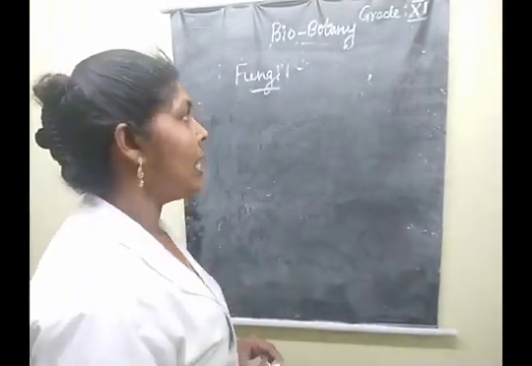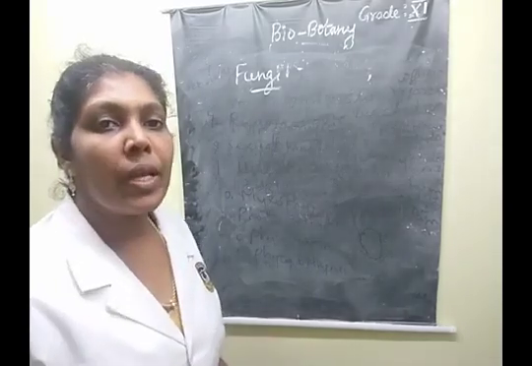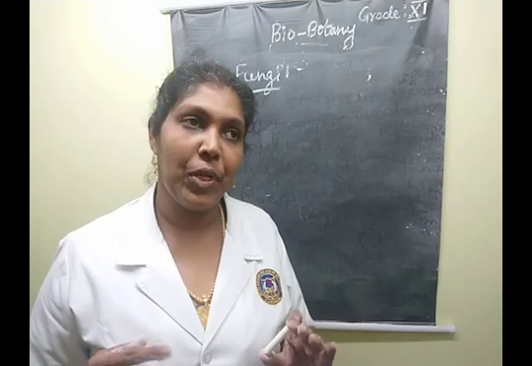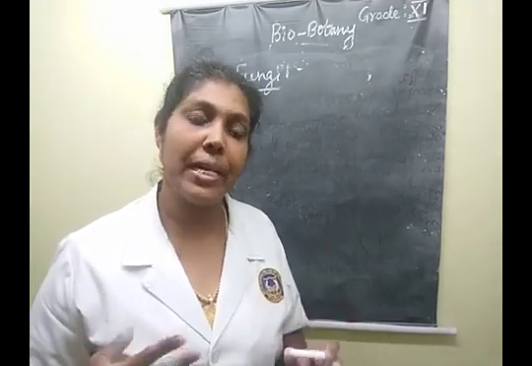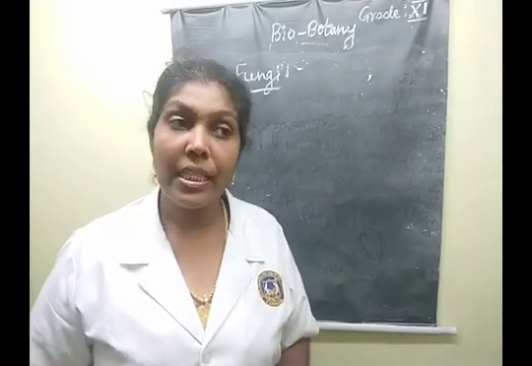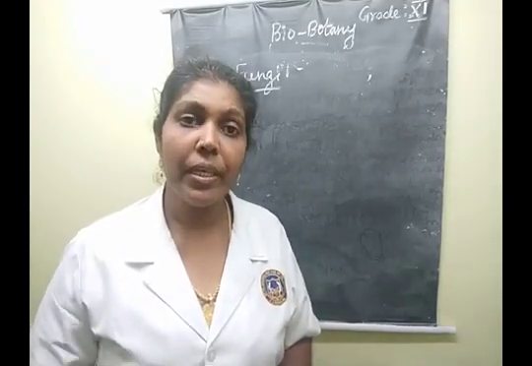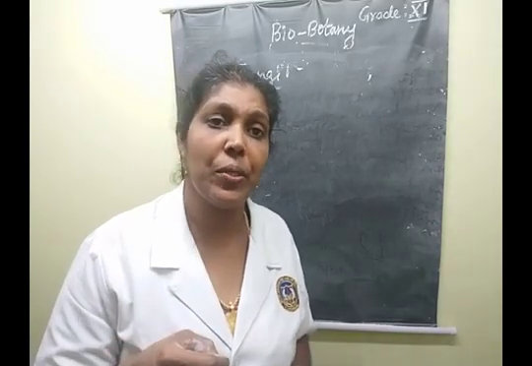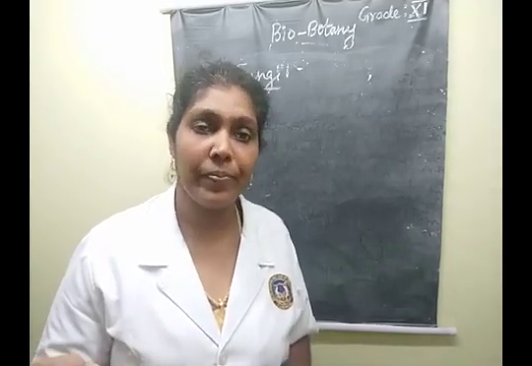In the syllabus, one of the important antibiotics mentioned is penicillin. Penicillin is obtained from Penicillium notatum, a fungal organism. Only from Penicillium notatum do we obtain the antibiotic penicillin. This penicillin was discovered by a person named Alexander Fleming.